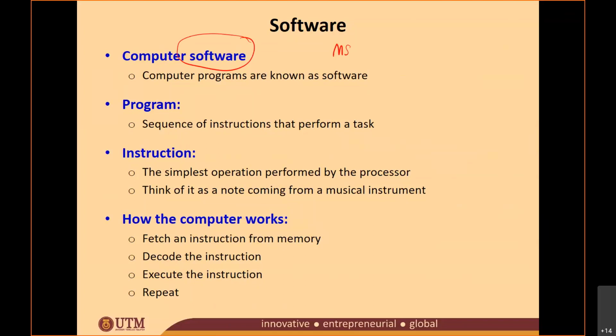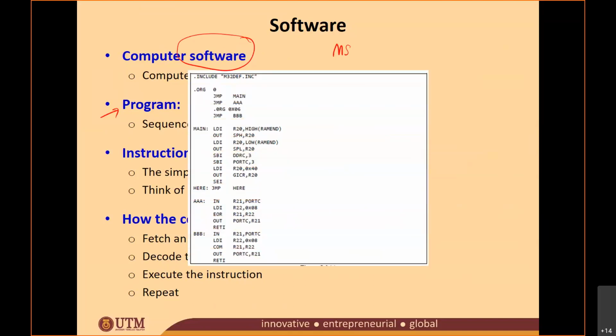While a program is actually a sequence of instructions that perform a task. This is an example of a program, which has inside it a sequence of instructions that perform a few tasks.